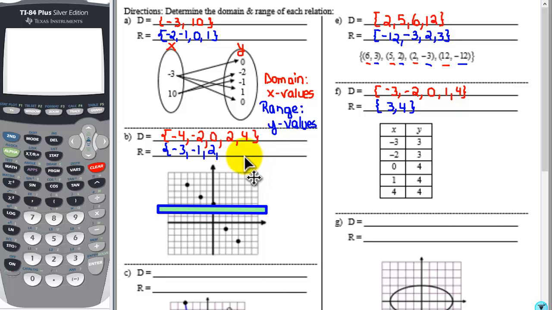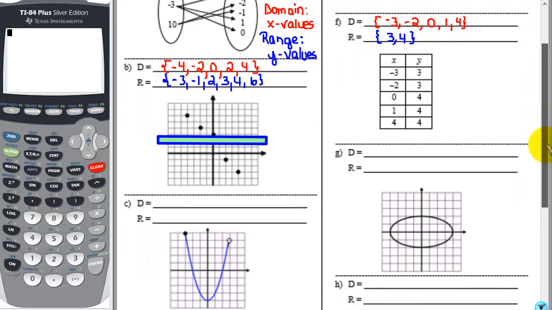Followed by 3. And the next one will be 4. And the last one is going to be 6. Okay? Very well. So now let's go on to the bottom, the next few problems.